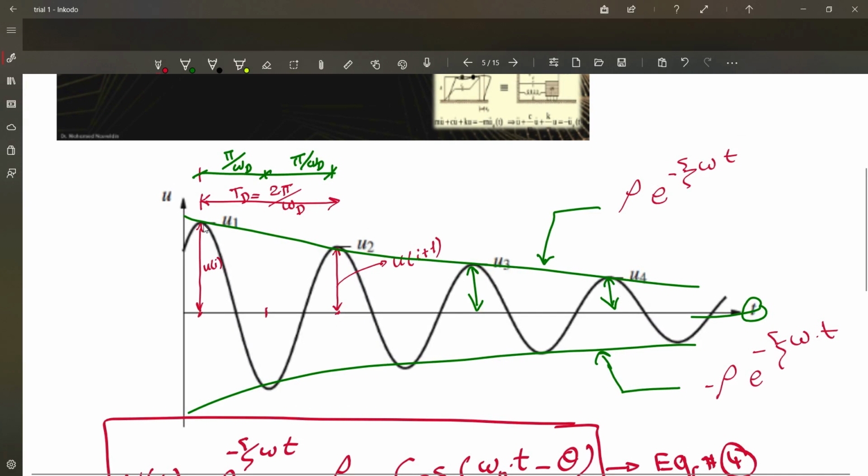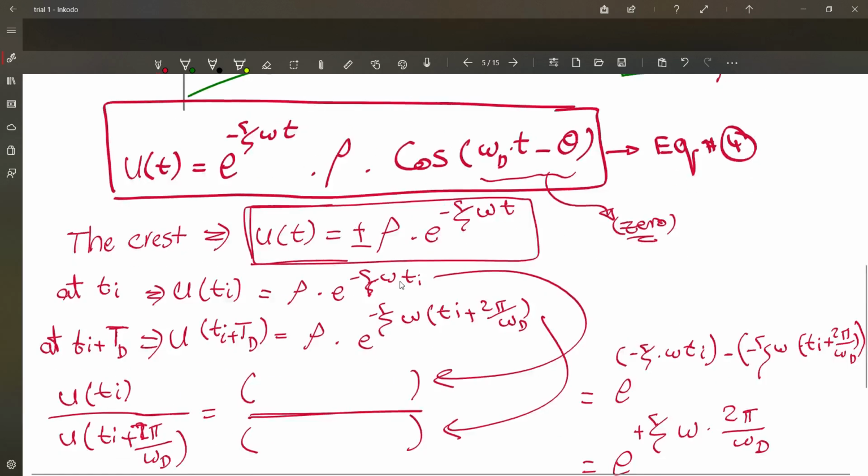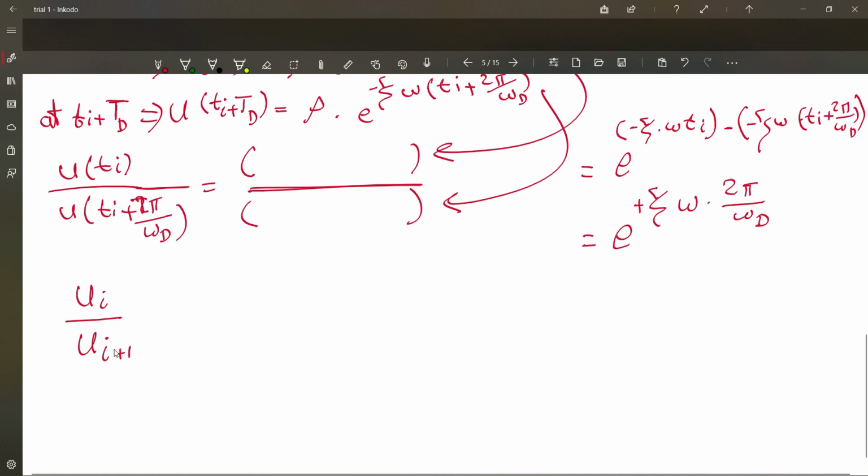So this is like u1, and this is going to be u1 plus 1, which is u2, and so on and so forth. So we are going to have ui over ui plus 1, similar to this fraction here. So it is going to equal this relation that we have here, which is e to the psi omega 2 pi over omega d.